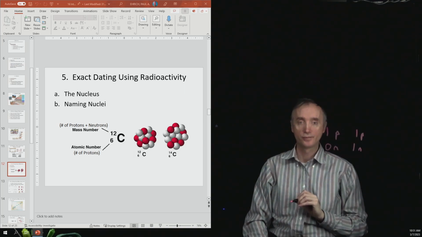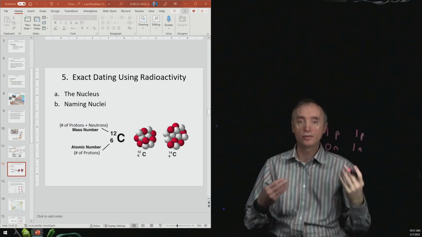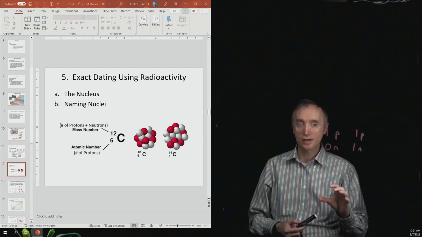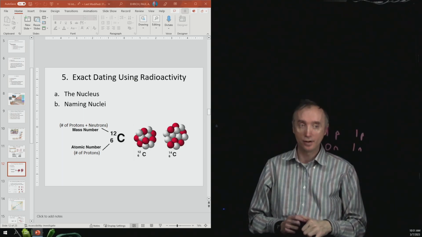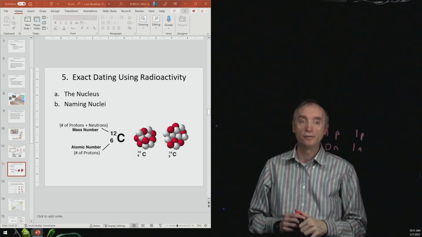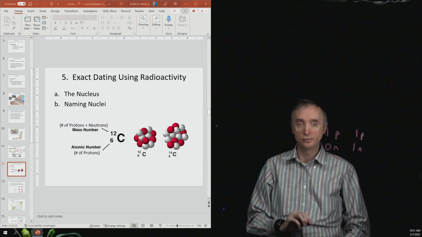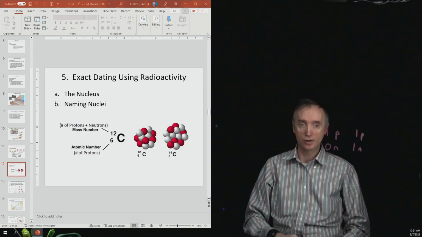And then there's even a third kind of hydrogen that's going to have one proton, because every hydrogen has to have one proton. That's the atomic number. And it would have 2 neutrons in it. Those 3 forms of hydrogen are called isotopes.